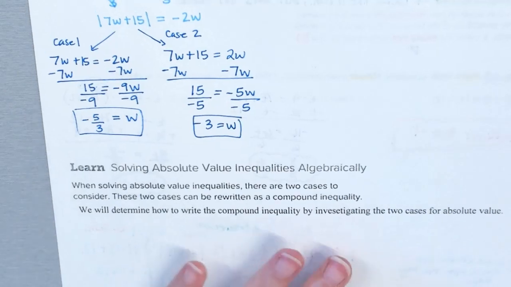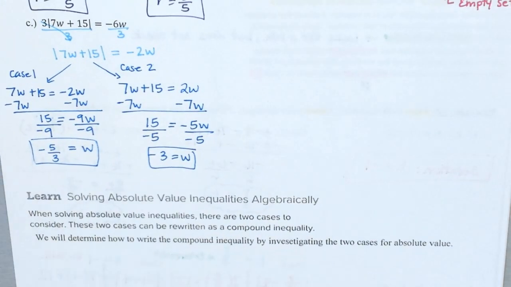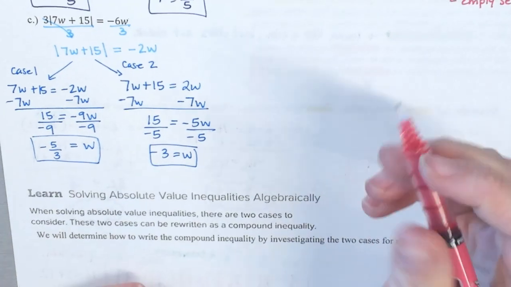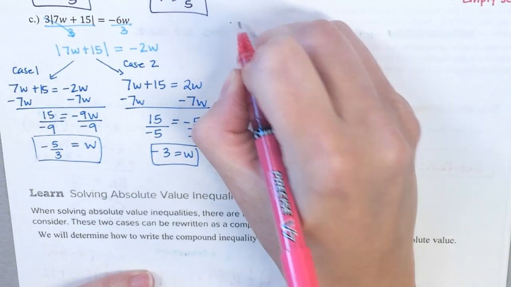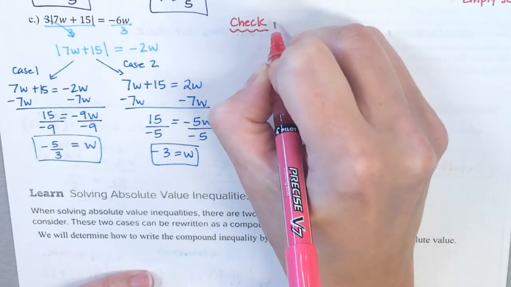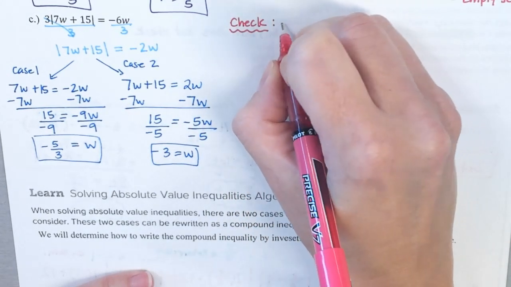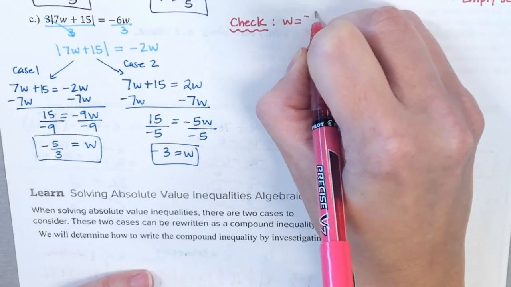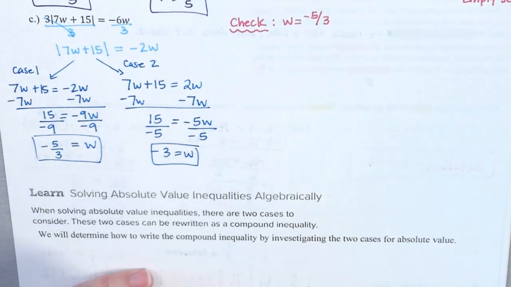Okay, so now we're ready to do our 2 checks. And I know sometimes the checks feel like a lot of work. This is part of your process to make sure you don't have an extraneous solution.